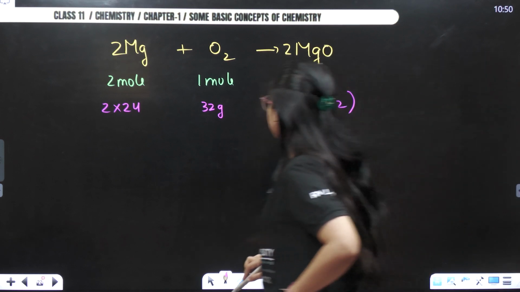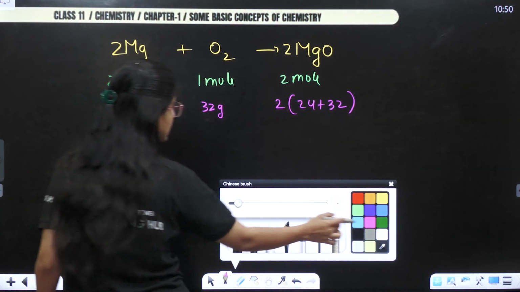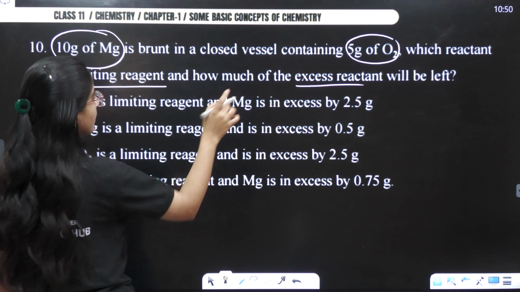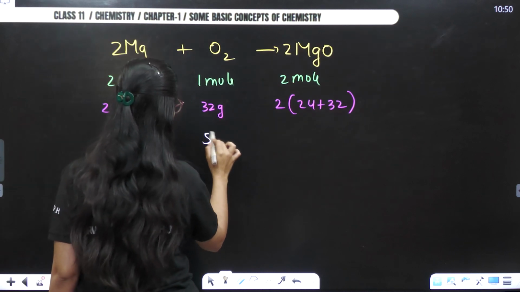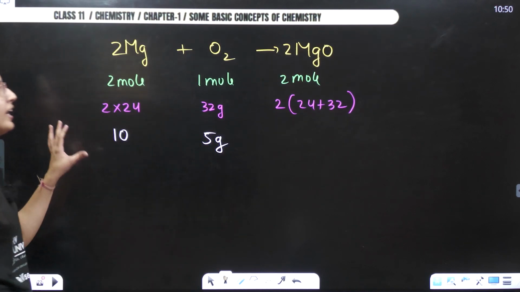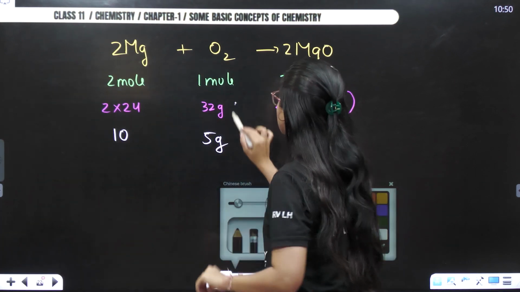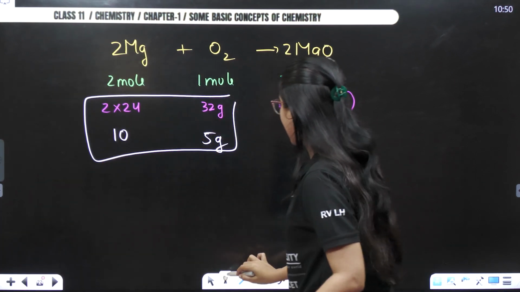Correct? So now the given mass of magnesium is 10 and oxygen they have given 5 gram. So clearly listen what you have to do here. First take these two equations with clarity.